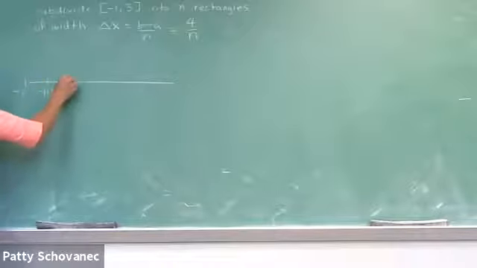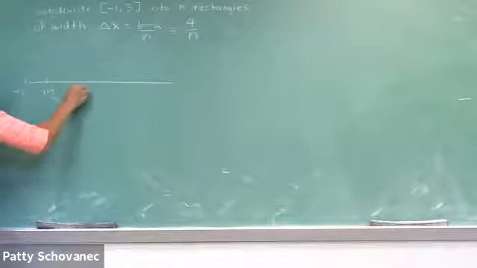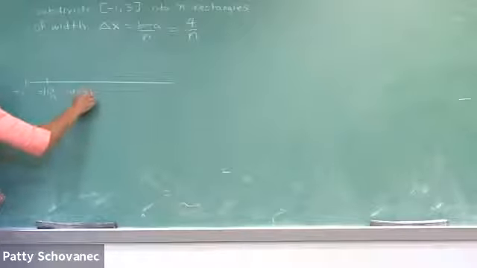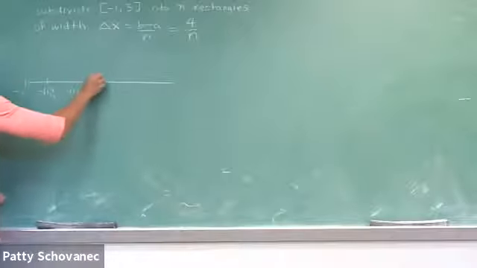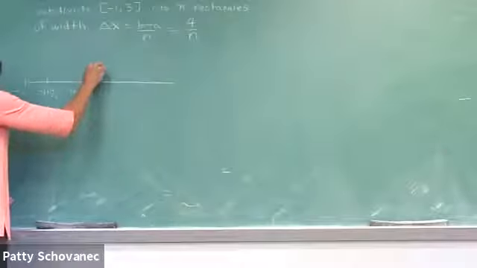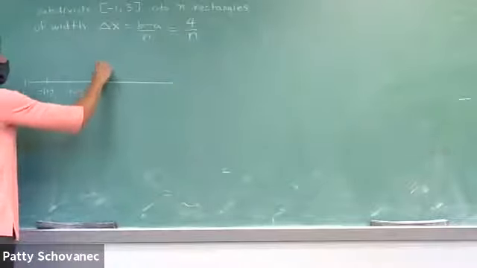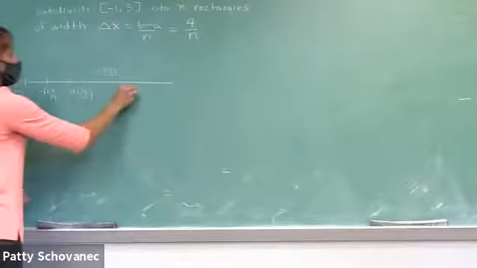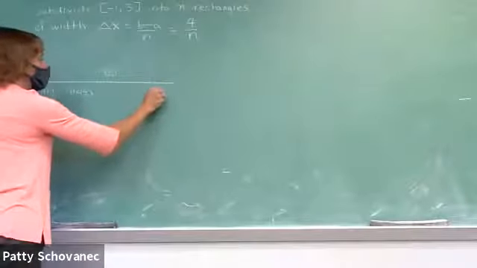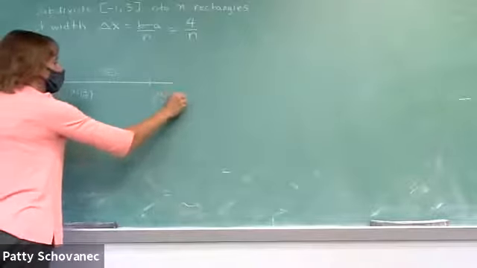Then I add another 4 over n, so I'm at -1 plus 2 times 4 over n. Then I add another 4 over n, so I'm at -1 plus 3 times 4 over n. Until I get down, say, to the kth subinterval.